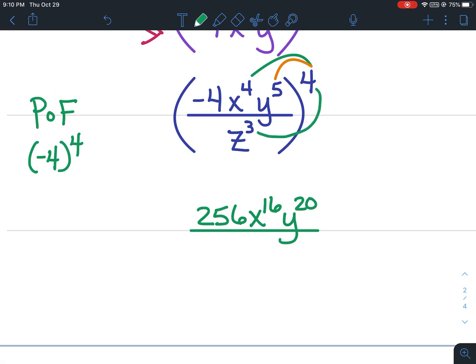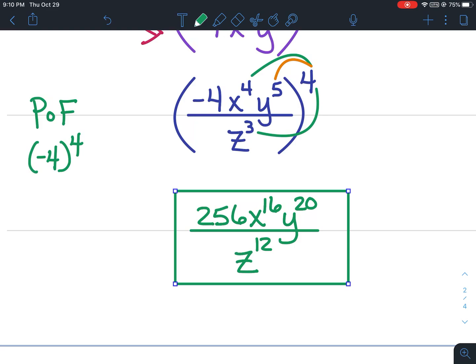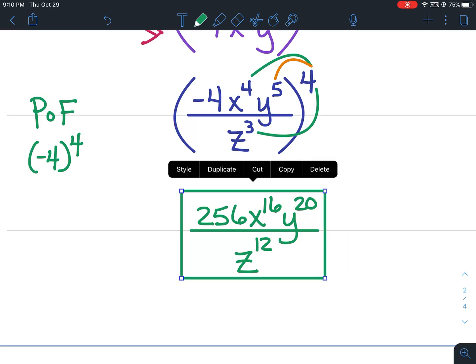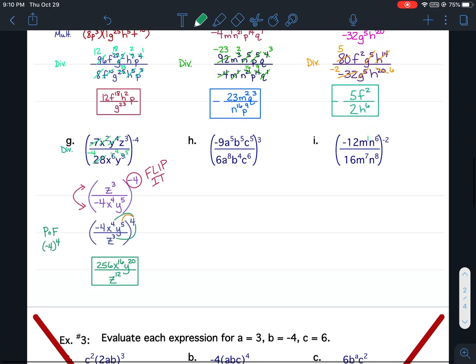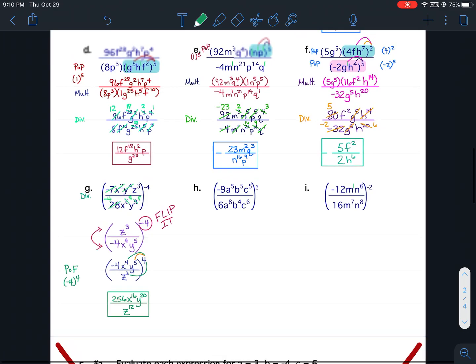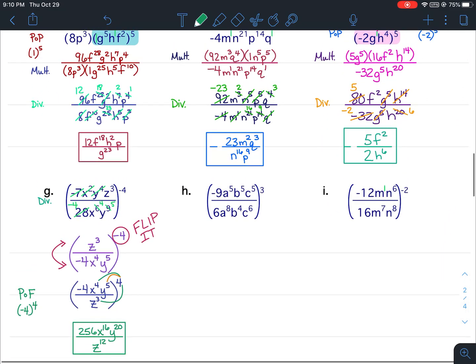And then on the bottom, 4 times 3 would be z to the 12th. So again, 256, x to the 16th, y to the 20th, over z to the 12th. All right. If you have any questions so far on example number 2, please let me know.